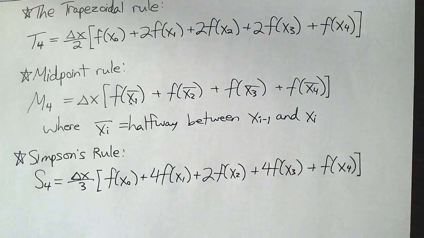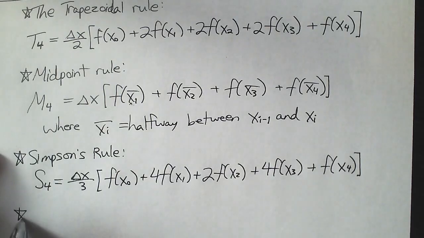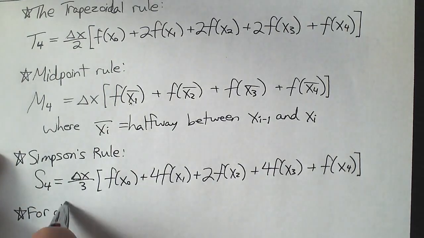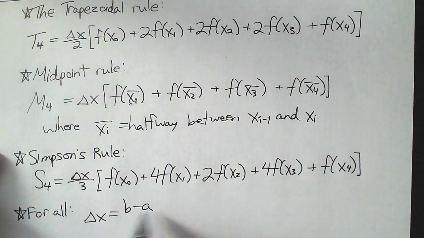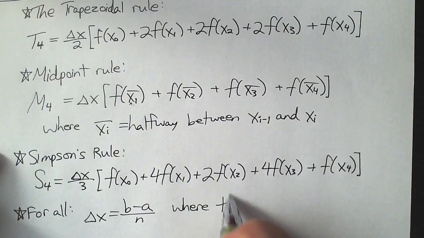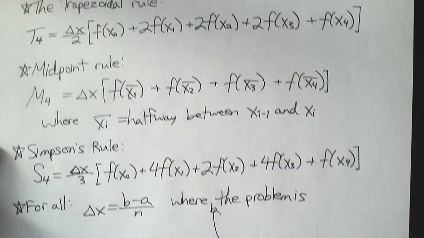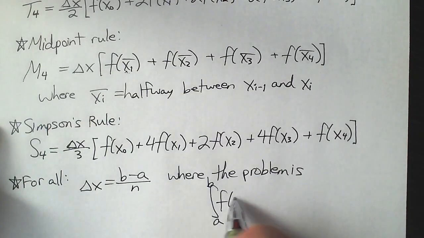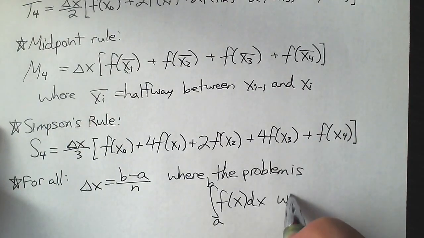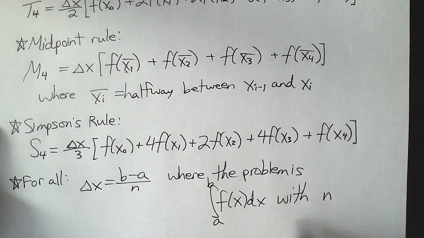I should also remind you that for all of these, delta x is b minus a over n, where the problem we're working on is integrating from a to b with n, I'll say vertical strips.